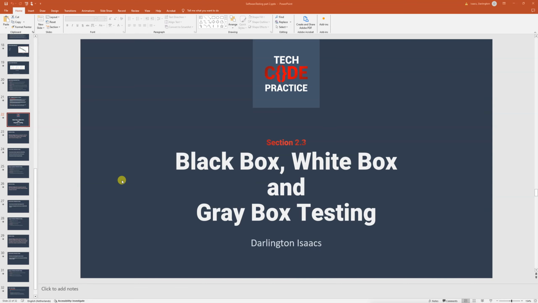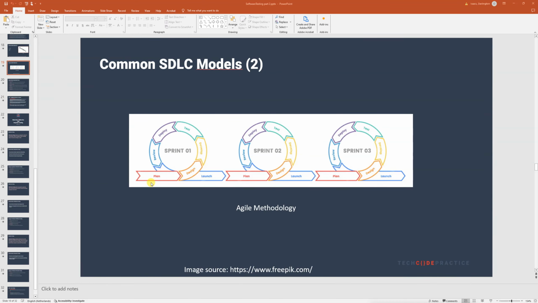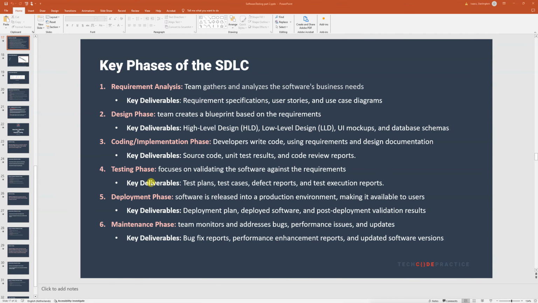Also, generally from the SDLC session, we were able to get our hands on different exercises connected to the software development life cycle, and also discuss the best testing techniques for each of these phases.